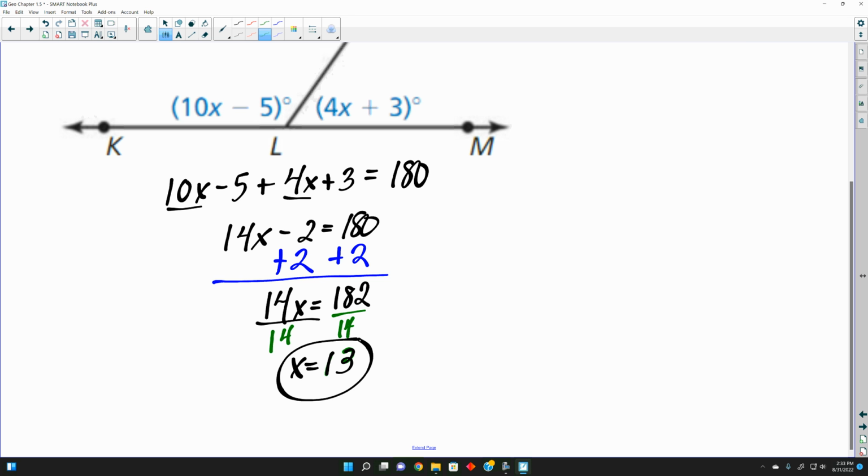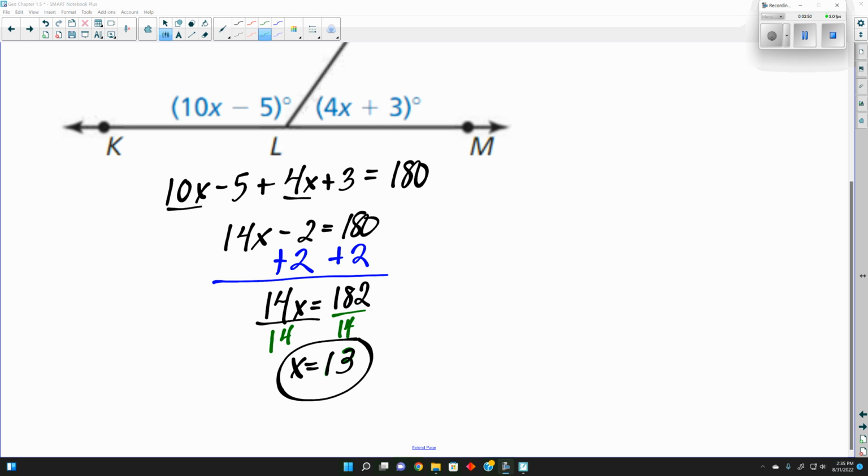I can, just give me 1 second. So, did we all agree with 13? Yeah. Yes? 182 divided by 14 is 13.